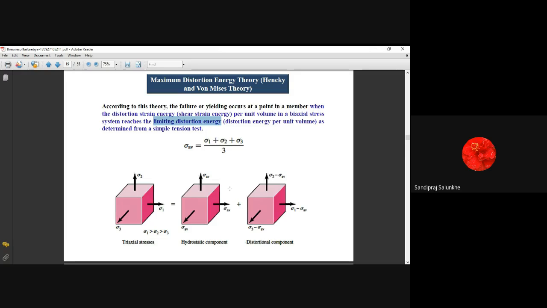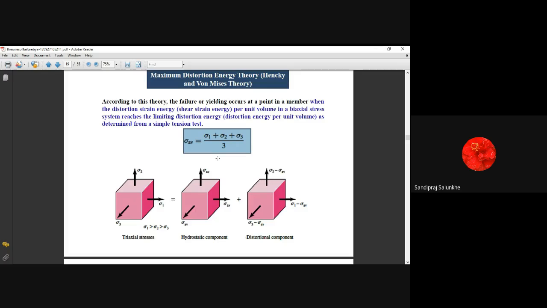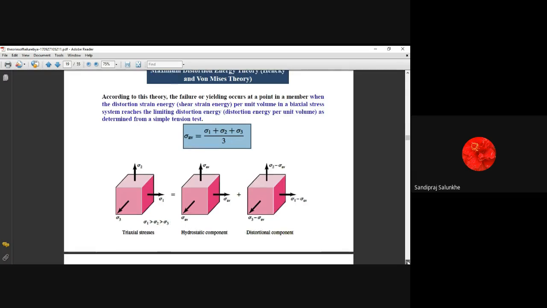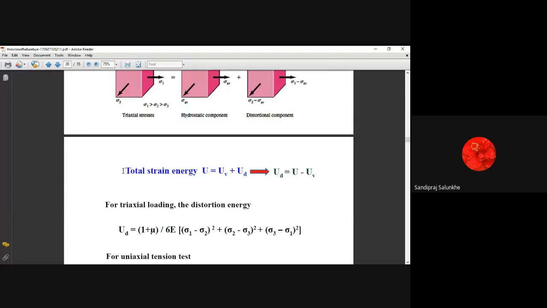Now we can just recall this formula, that is sigma average is equal to sigma 1 plus sigma 2 plus sigma 3 divided by 3. Average we have taken for the principal stresses in x, y, and z direction. And this value is used for calculating total strain energy. This total strain energy is UV, that is volumetric, plus distortional.